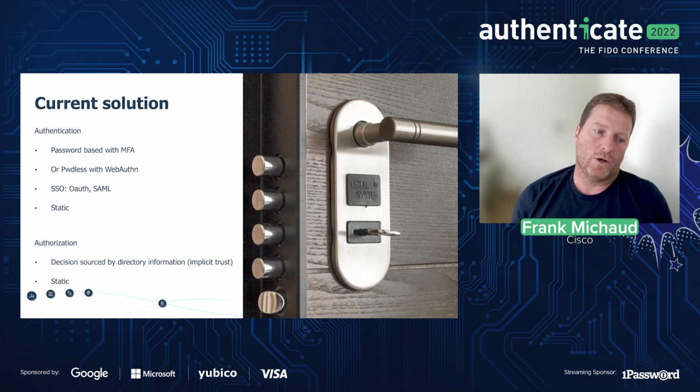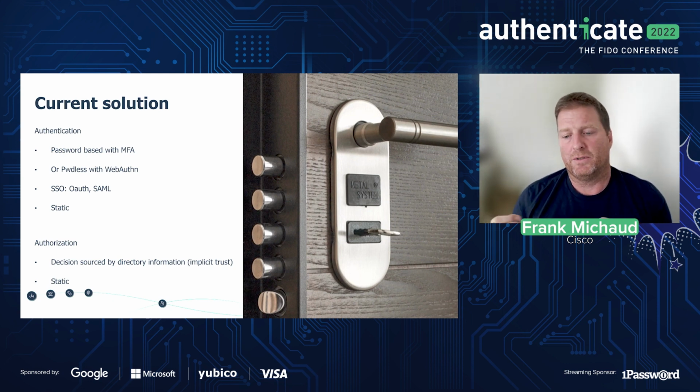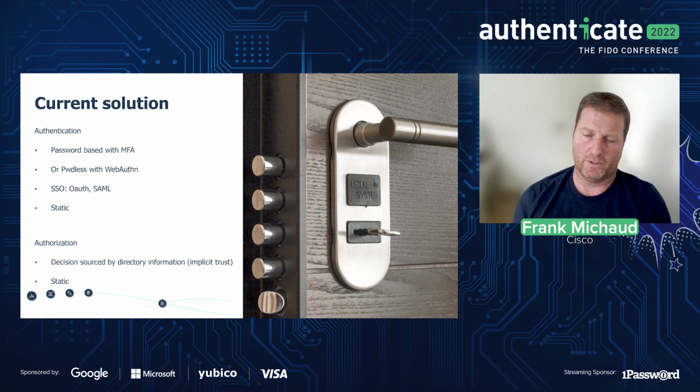The authorization is the same. And what's important to realize is that we are making the authorization decision based on the output of the authentication, right? It's good, it's the right user, and on information typically coming from inside the enterprise, from directories and other information like that. So you can call it a bit of an implicit trust, right?